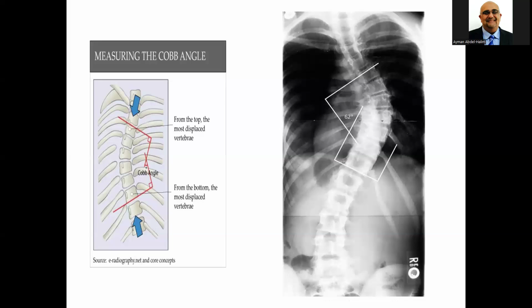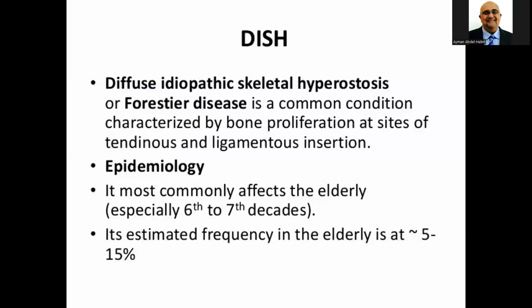So either physiotherapy if it's less than 15, from 15 to 45 you might need a brace, and then above 45, you might need surgical intervention. So this Cobb angle evaluation is very important in this situation.